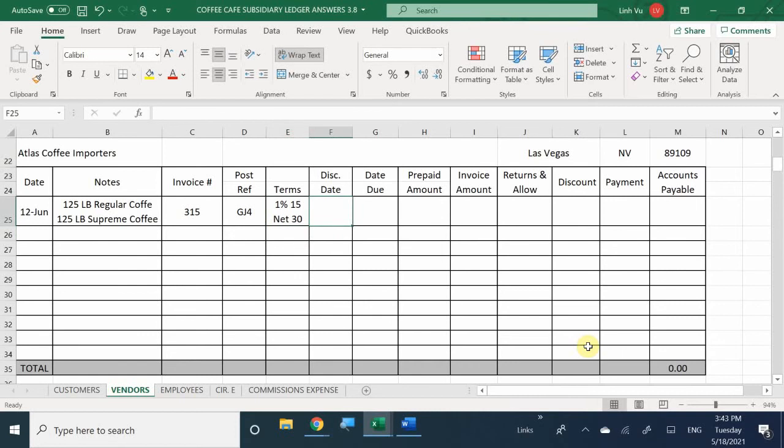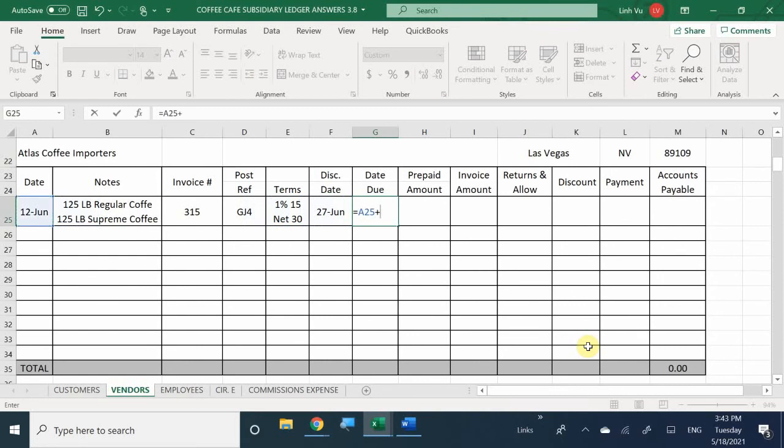So in this case, what is my discount due date? What is the last day I need to pay before I can take my discount? June 27th. Good. And if not, then I have to pay in 30 days, which is July 12th.